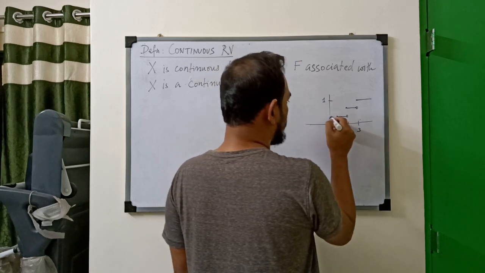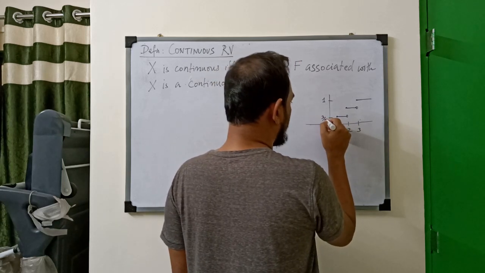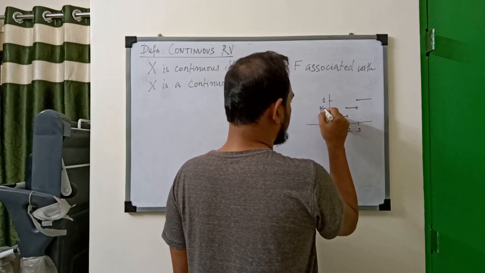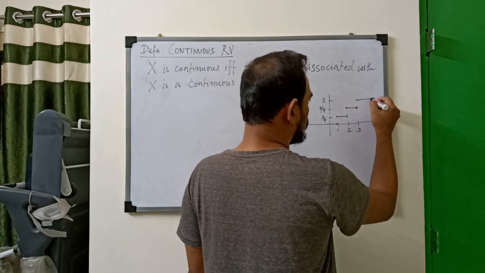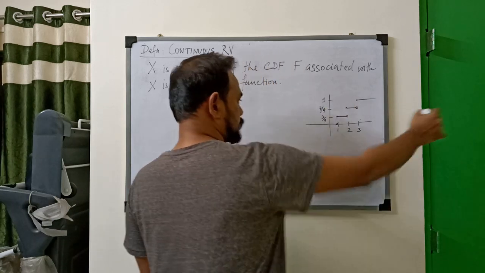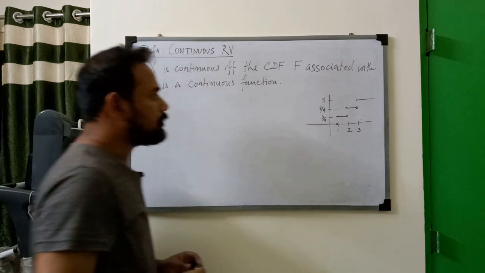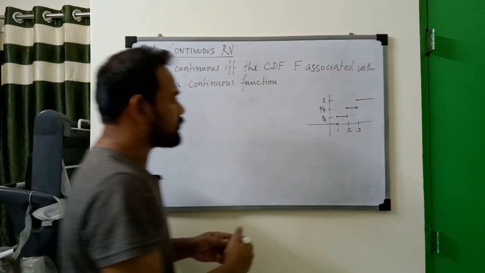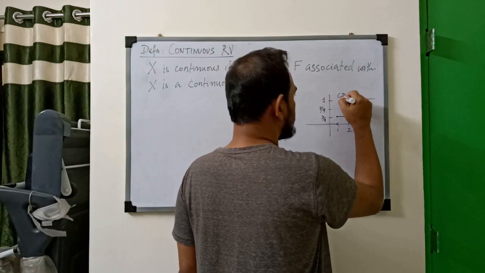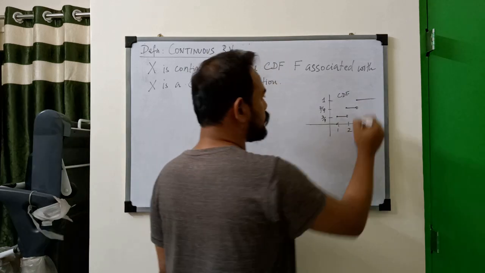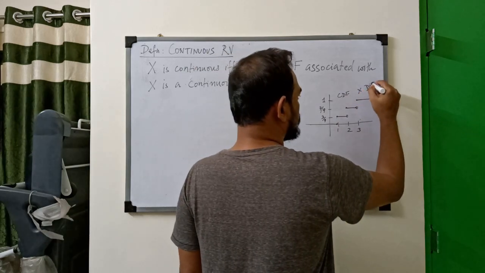If I remember correctly, this was 3 by 9, this was 7 by 9, and this was 1. So this goes on at 1 for the rest of this axis. This was the graph of the CDF when x was a discrete random variable.